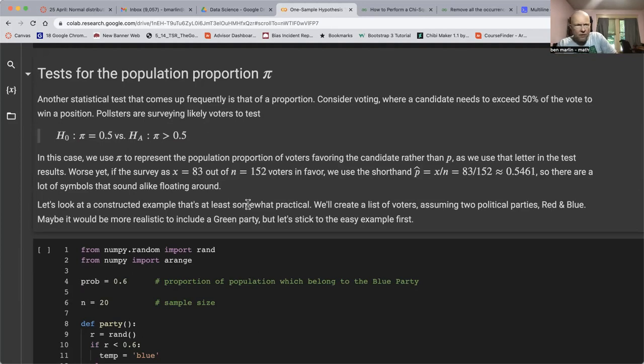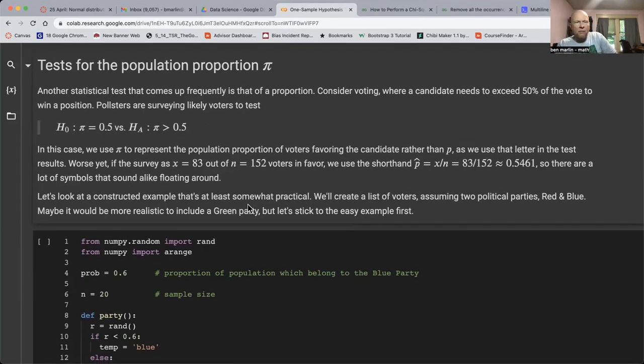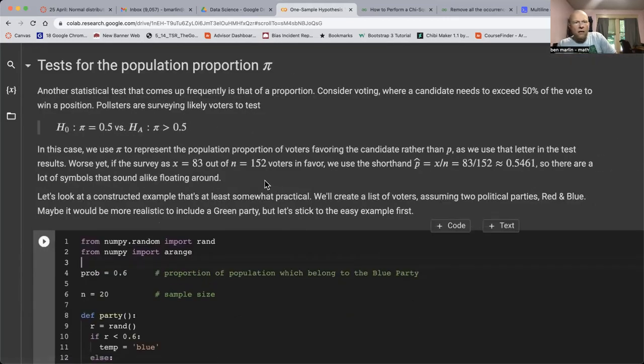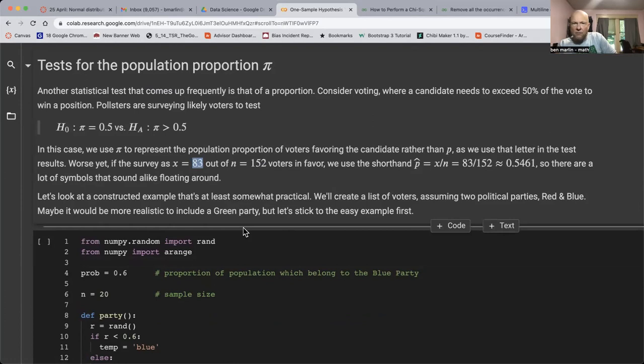Yeah. So if we took a survey of 152 voters, and we found out that 83 were in favor of something or were going to vote for a certain candidate, then we would find out from our survey, which is a sample, that we have 54.6%, which is more than 50%.